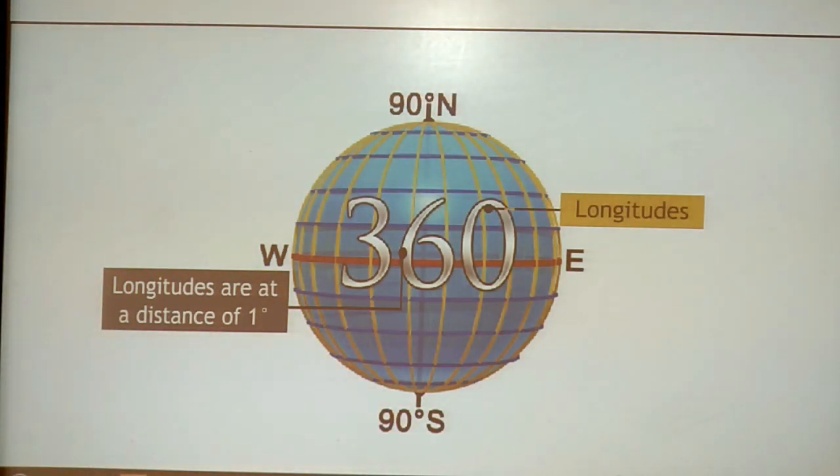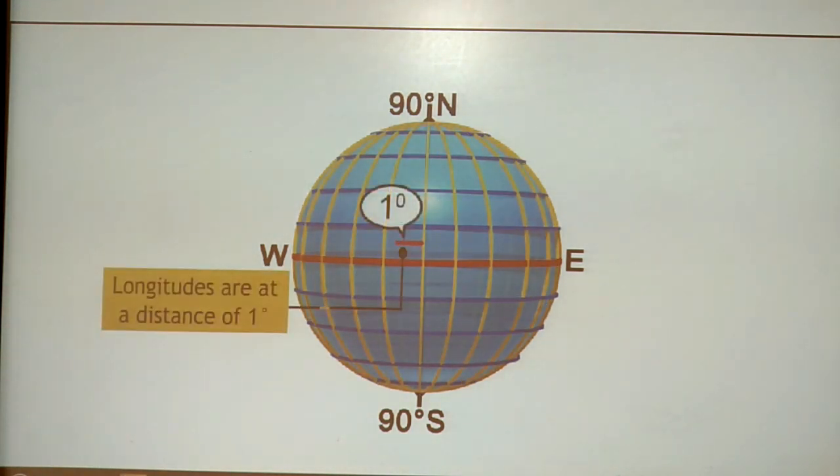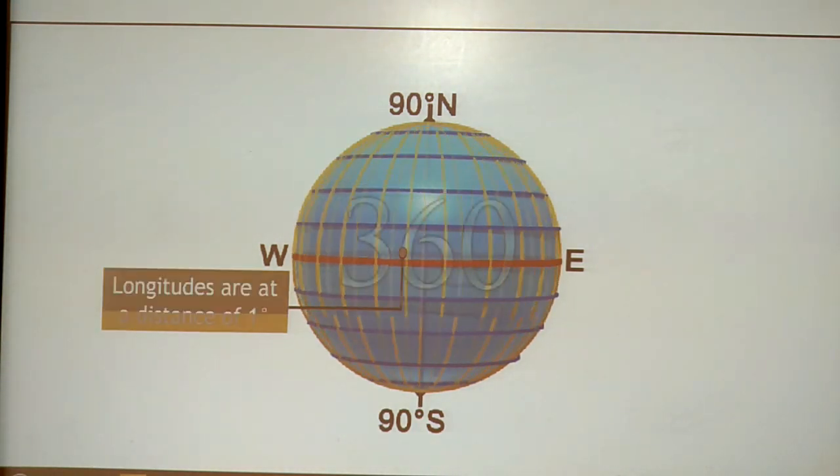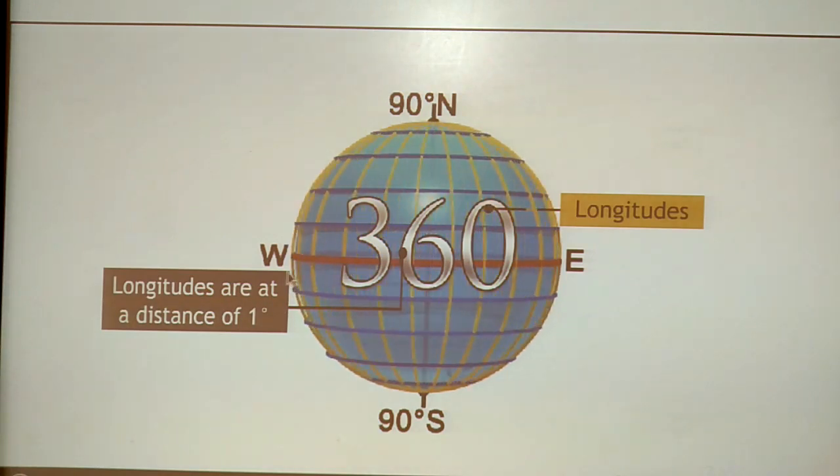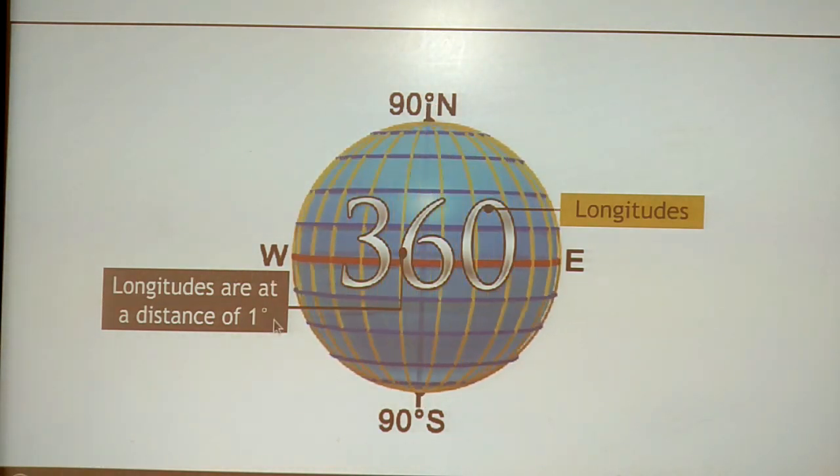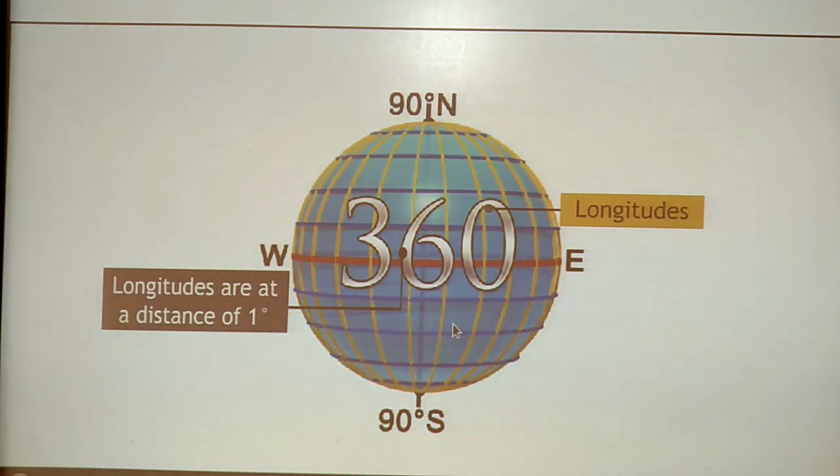As we just saw, there are 180 longitudes to the west and 180 longitudes to the east. So in total we have 360 longitudes on the globe.